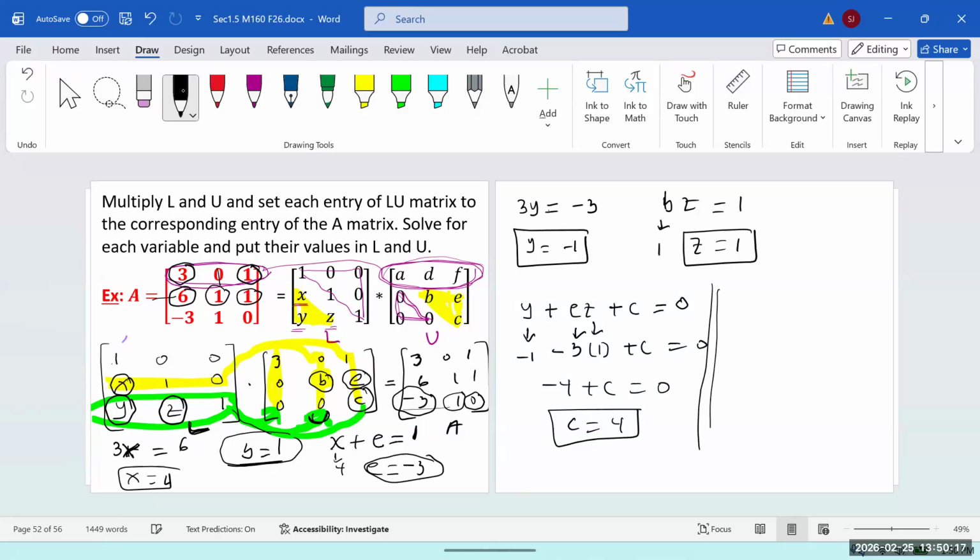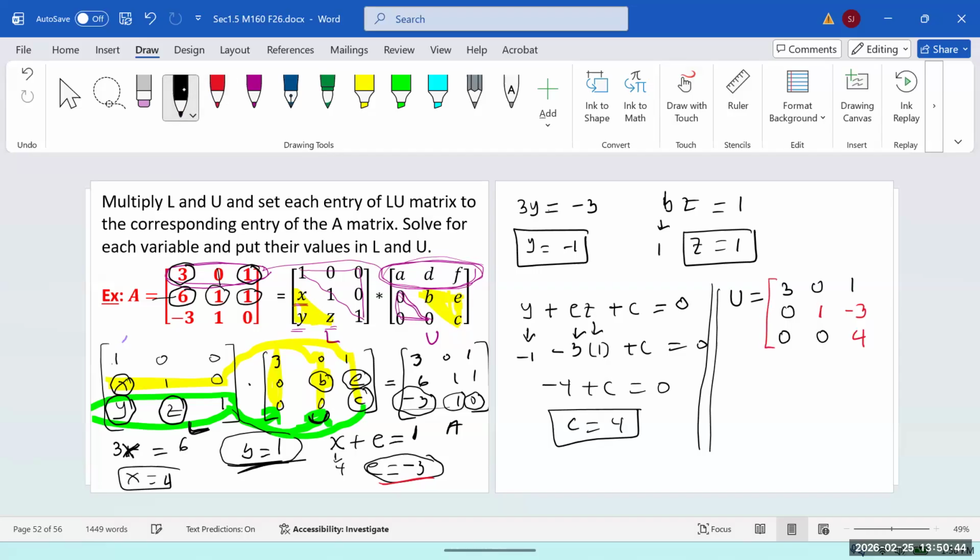So our upper matrix is 3, 0, 1, 0. Our b is 1, and our e is -3. Then we have 0, 0, and our c we just found is 4.